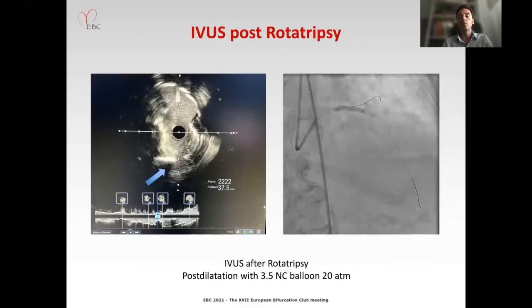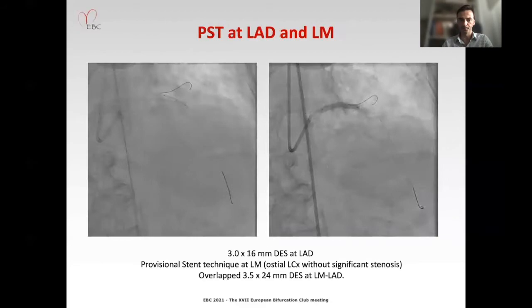This is the IVUS after Rotatripsy with some intimal ablations and deep fractures produced by rotablation and shockwave. And after that, we decided to post-dilate with a 3.5 NC balloon at 8 atmospheres. After that, we implanted two overlapped drug-eluting stents at left main and proximal LAD.